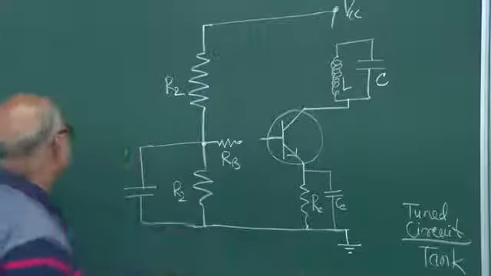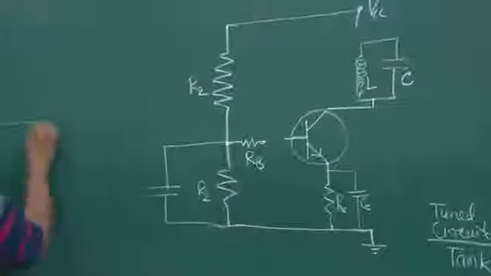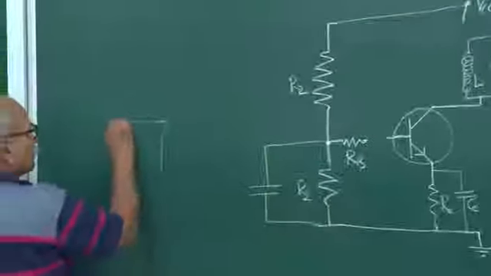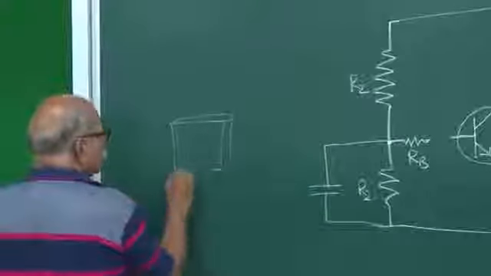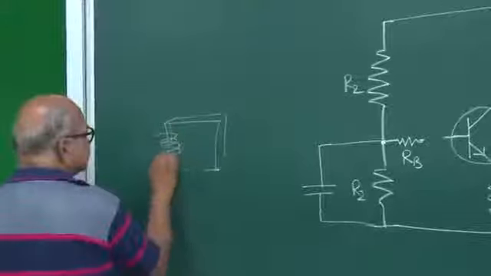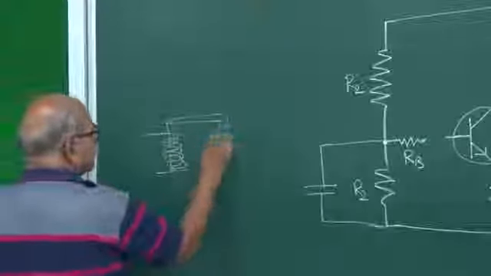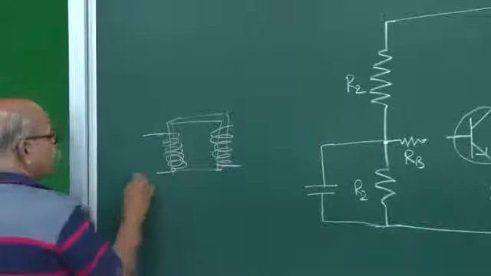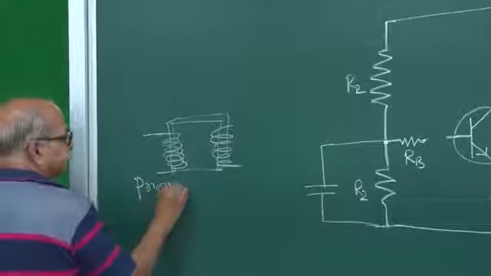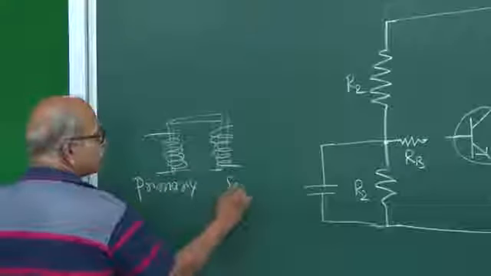So you remember transformer, you have a core, and on that core the windings are there, two windings, one is called primary and one is called secondary.